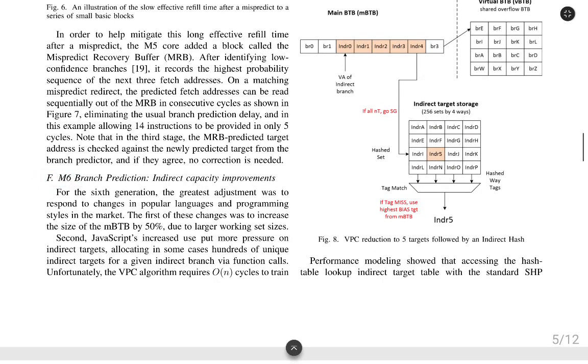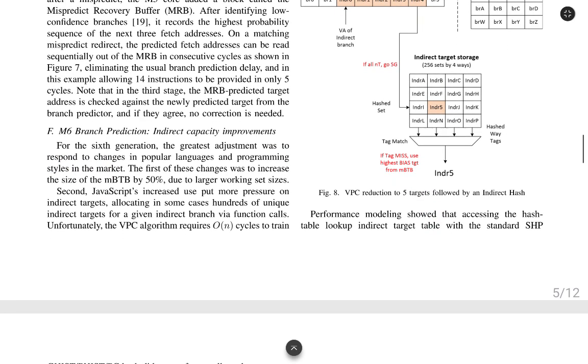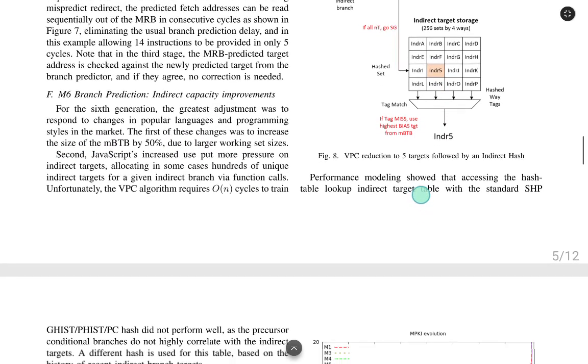Section F, the M6 branch prediction indirect capacity improvement. For the sixth generation, the greatest adjustment was to respond to a change in popular languages and programming styles in the market. The first of these changes was to increase the size of the BTB by 15% due to larger working set sizes.